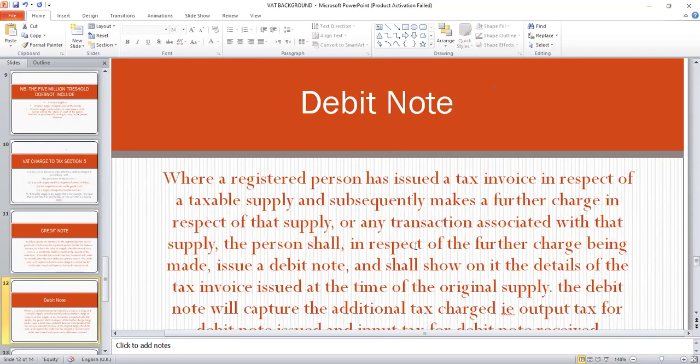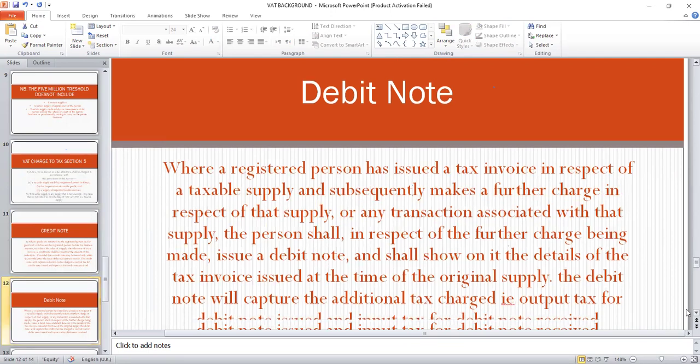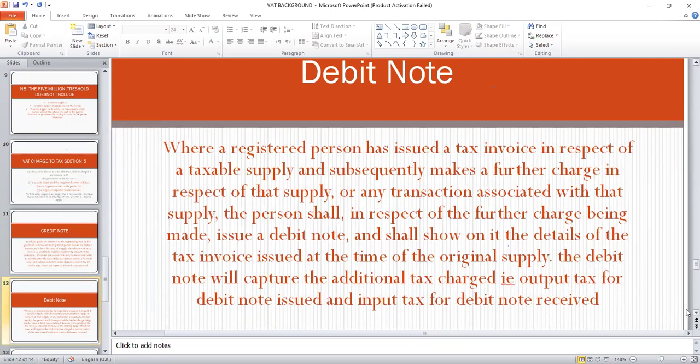When a registered person has issued a tax invoice in respect of the taxable supply, and he subsequently makes a further charge in respect of that supply or any transaction associated with that supply, the person shall, in respect of the further charge being made, issue a debit note and shall show on it the details of the tax invoice issued at the time of the original supply. The debit note will capture the additional tax charged, output tax for debit note issued, and input tax for debit note received. So this is just the reverse of the credit note.